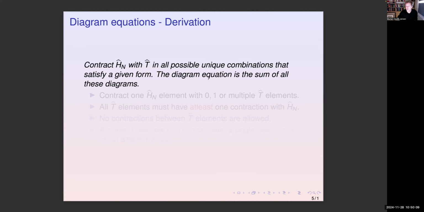The diagram equation is then the sum of all these diagrams. So we end up having to make contractions of these elements with 0, 1, or multiple T elements. This follows from the expansion of the exponential ansatz for the wave function, where we have the similarity transformed Hamiltonian, which comes in terms of this Baker-Campbell-Hausdorff expansion. So let's remind ourselves a little bit about that one.